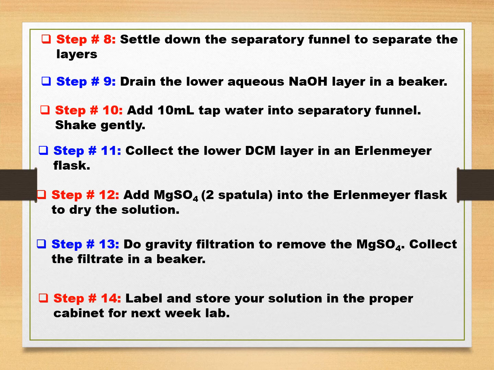We will have two layers forming, and we then drain the lower layer, which is the aqueous layer containing sodium hydroxide. And then we add 10 milliliters of tap water into the separatory funnel and again shake it gently.